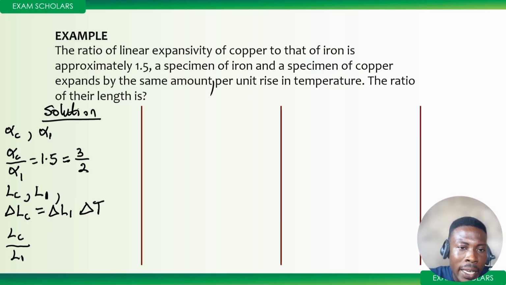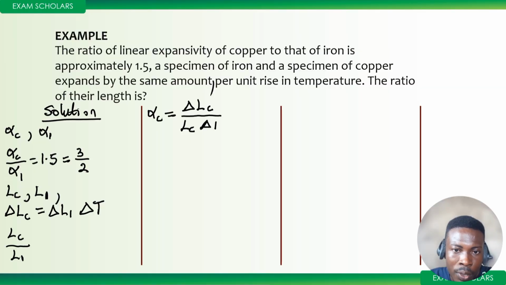Okay, now let's go ahead and use what we are given in the question. We are given alpha C and alpha I. Now what is alpha C? Alpha C should be the change in the length of C divided by the length of C multiplied by the change in temperature.